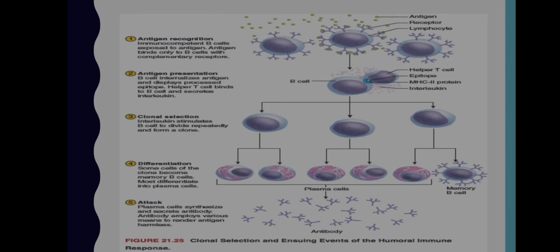Then the plasma cells produce the antibodies and attack the antigen and make it harmless. And the memory cells are present for a long time in the blood, and they are our security for the future.